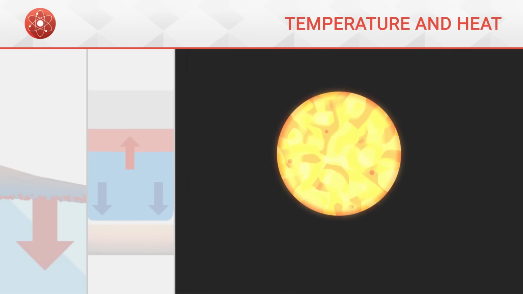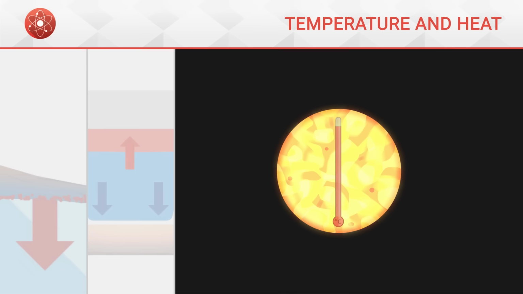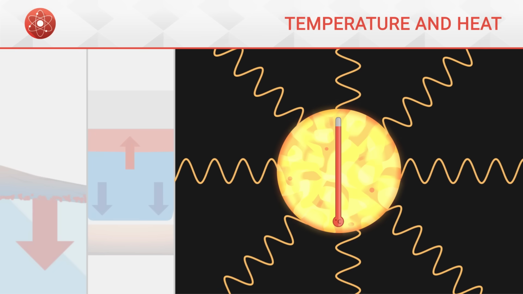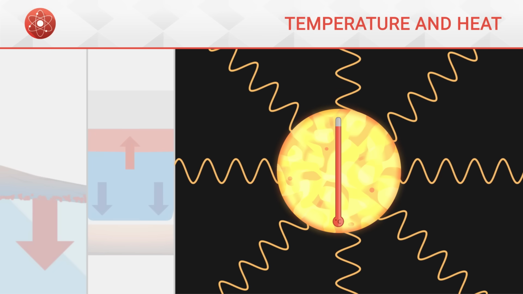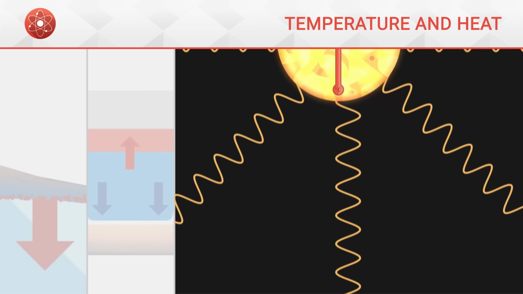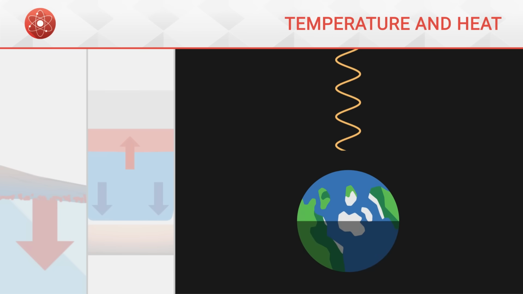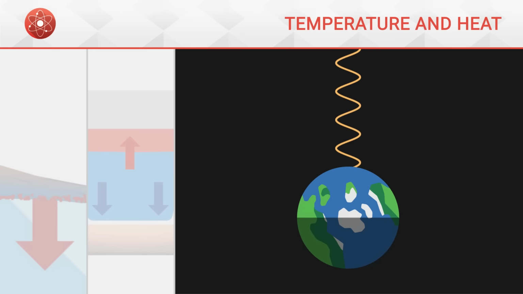The sun, on the other hand, has an extremely high temperature. It is therefore constantly emitting radiation, infrared, visible light, ultraviolet, which propagates through the vacuum of space. Some of this radiation reaches Earth, and by absorbing a part of it, the Earth's surface gains heat and consequently warms up.